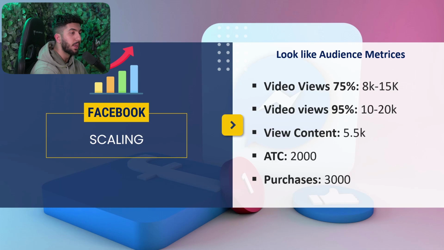So guys, why do you need less for add to cart? Because basically before iOS 14, if you had 1,000 add to carts, that would be enough. But for now, Facebook is not good at tracking everything, so it will lose half of your audience. So for example, before, if you needed only 1,000 add to carts, for now you need 2,000.